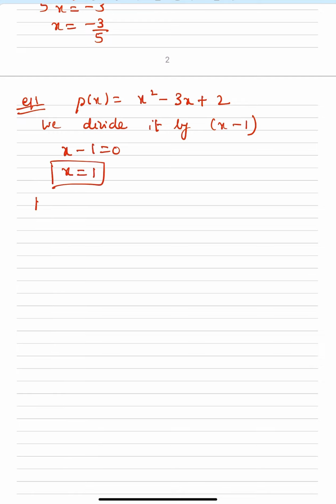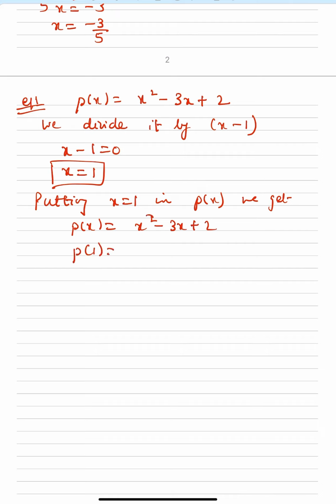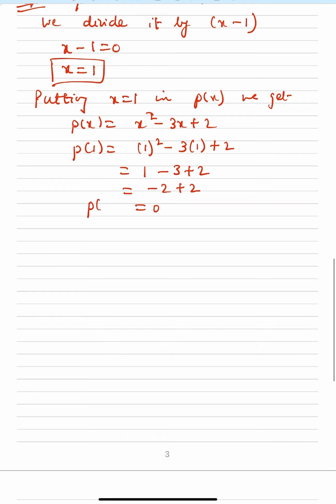Okay? Now putting x is equal to 1 in p of x, what do we get? See, p of x is equal to x square minus 3x plus 2. So, p of 1 is equal to 1 the whole square minus 3 into 1 plus 2, that is 1 minus 3 plus 2. So, it is equal to minus 2 plus 2, which is equal to 0. Okay. So, p of 1 is nothing but 0.